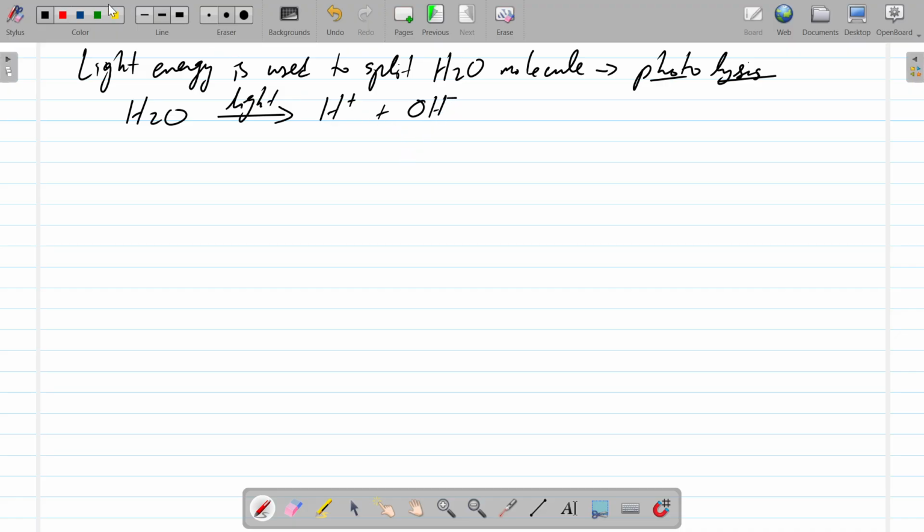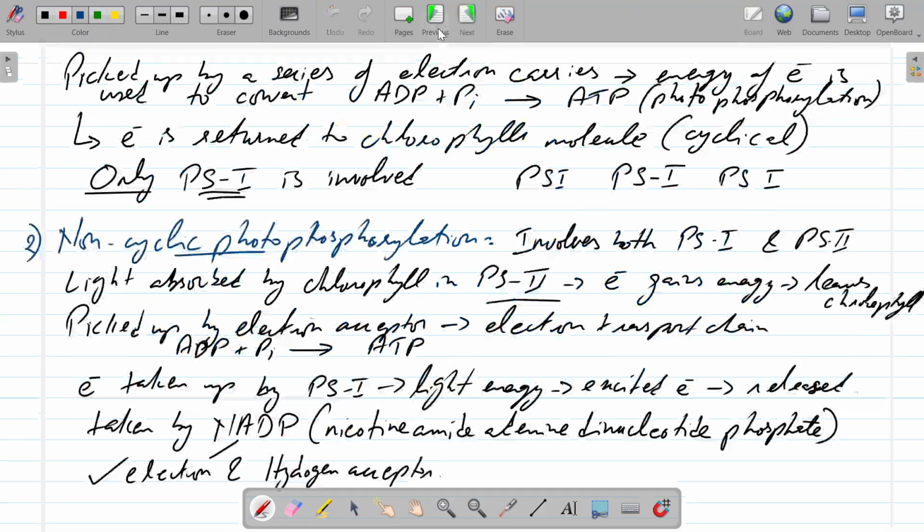Now, changing colors again. This hydrogen ion is taken up by, can you tell me, where does the hydrogen go? We just talked about it.